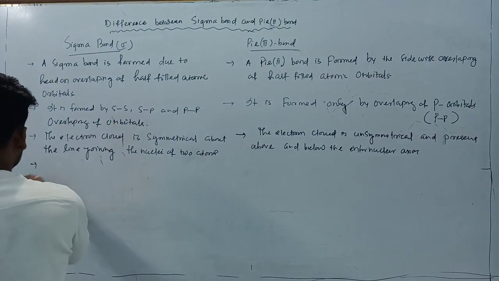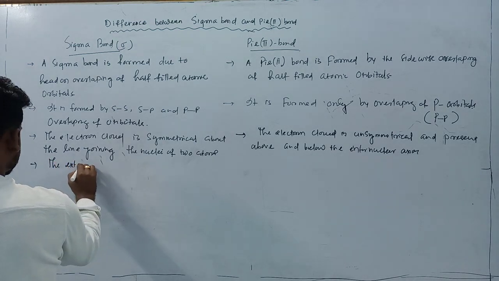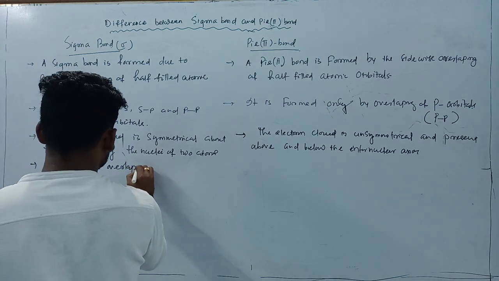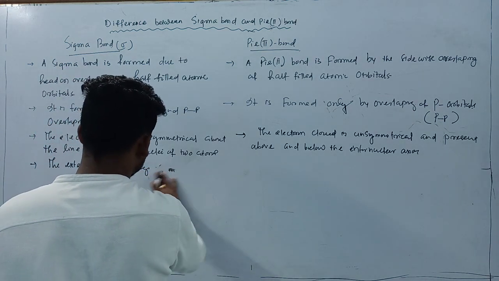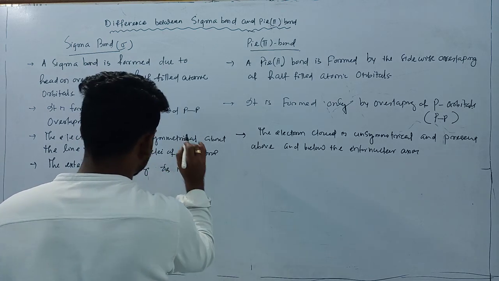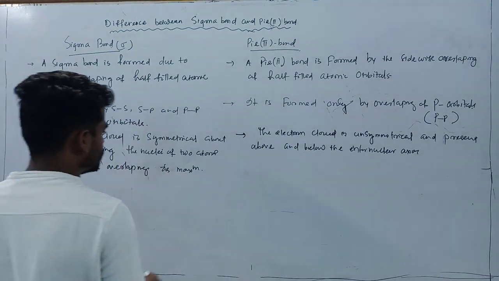Next, the extent of overlapping is maximum. That's why a sigma bond is a strong bond.